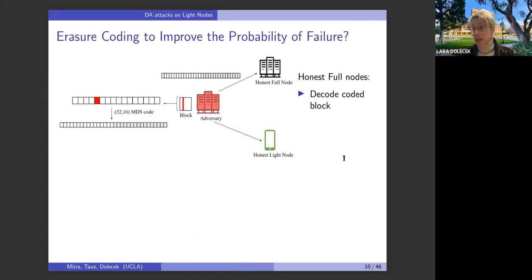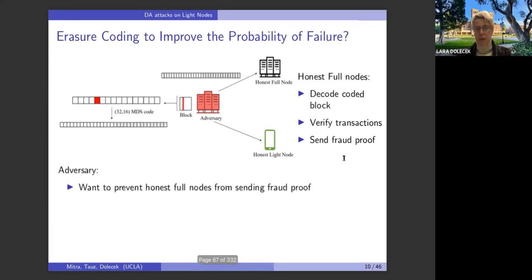And if everything is fine, if there's nothing missing, honest full nodes can decode the coded block, and they can verify the transactions. And if something went wrong during coding, if, for example, these parity check equations were inconsistent because the adversary made them so, if there aren't too many of them, then the honest full node can realize that something went wrong, and it can send the fraud proof.